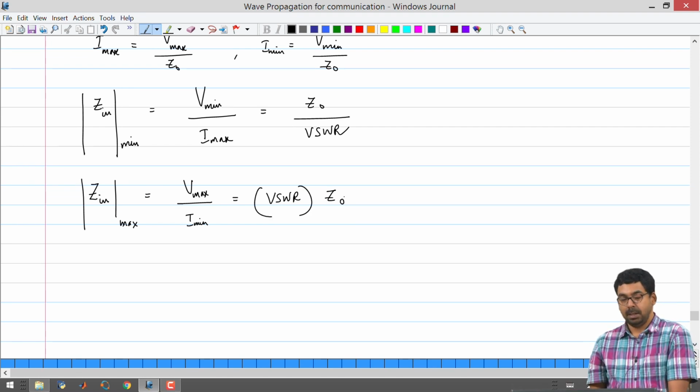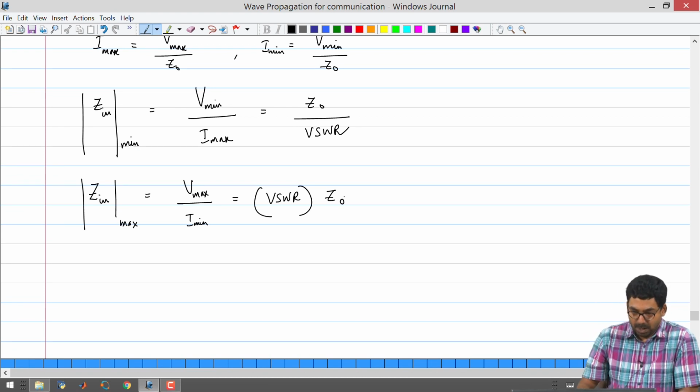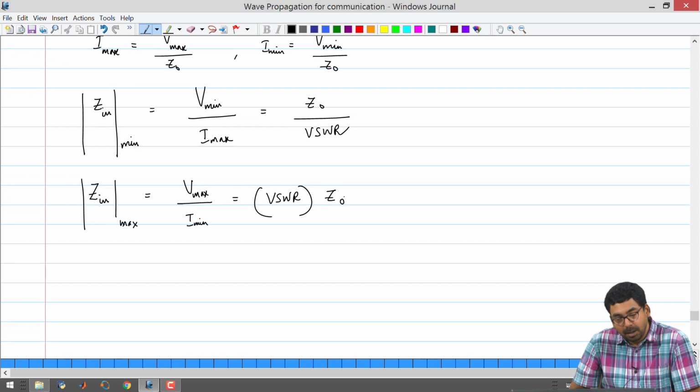This means that your maximum input impedance will go between Z naught and infinity.